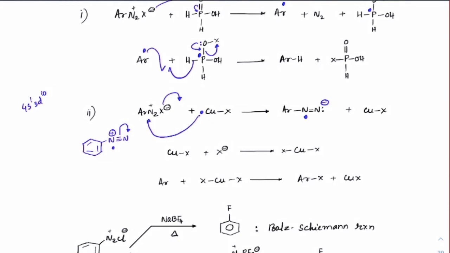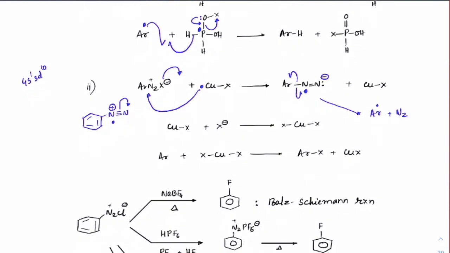Now, once you get this, here this will make a single electron transfer. Nitrogen will take away its single electron from it and escapes out as N2 gas. From here we can see it is becoming Ar dot plus N2 gas. Correct.